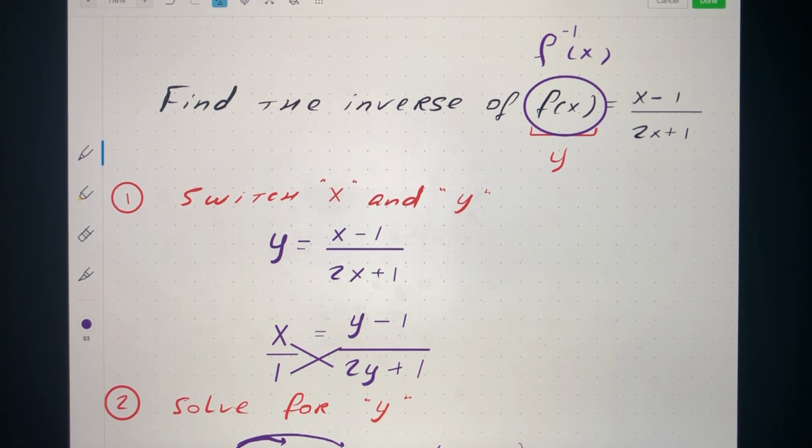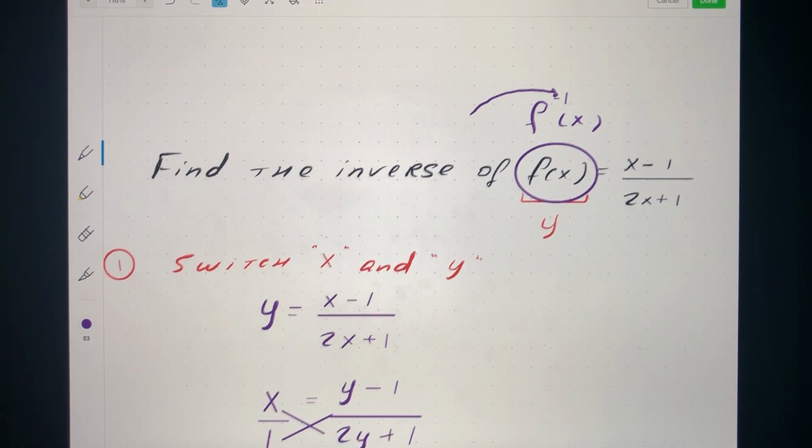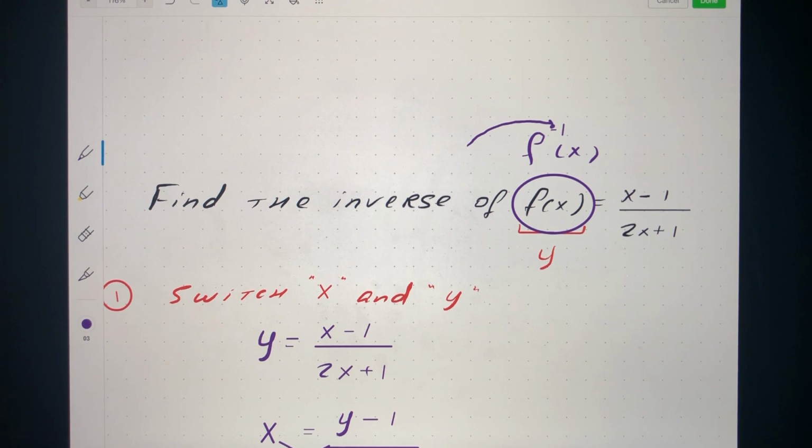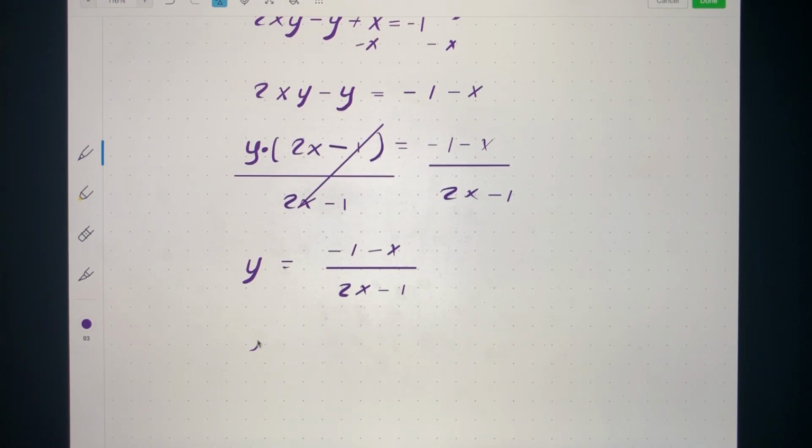All the inverses have the exponent of negative 1, and so our final answer would become f to the negative 1 of x is (negative 1 minus x) divided by (2x minus 1).